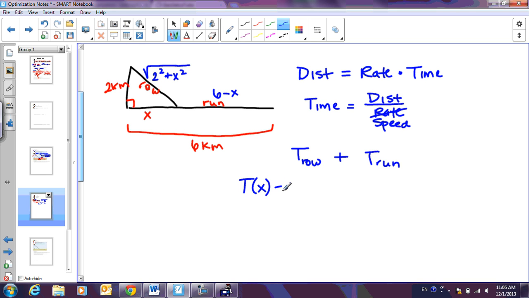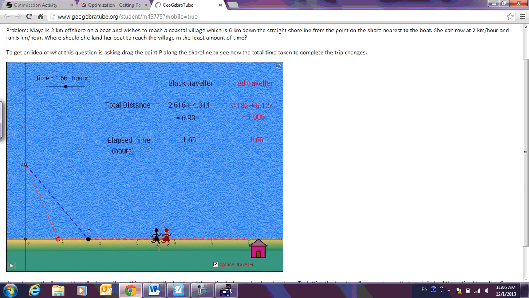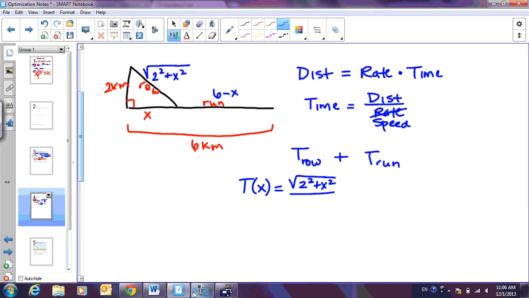T of x equals, okay, my row distance is this square root, 2 squared plus x squared, divided by my row speed, which was, I forgot, so we're going to have to go back. Is that she can row at 2 kilometers per hour and she's running at 5 kilometers per hour. Okay, so my run distance is 6 minus x, and that's over 5.